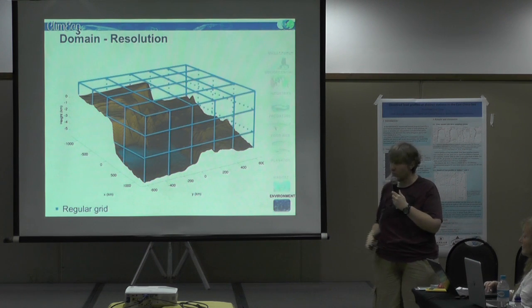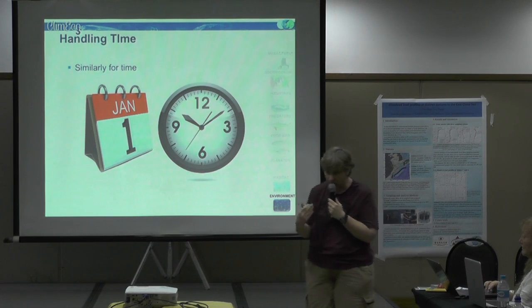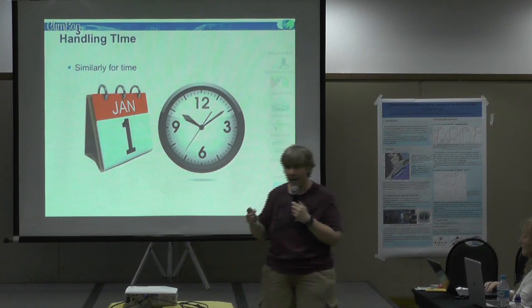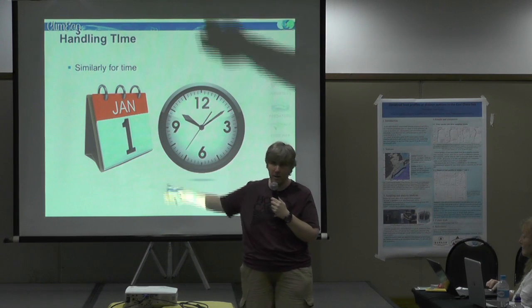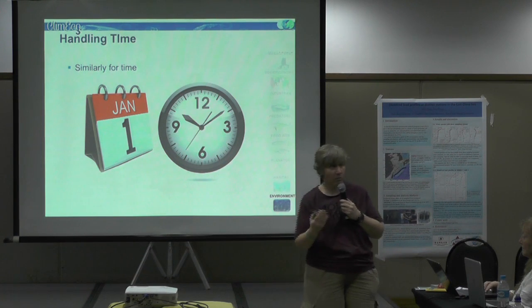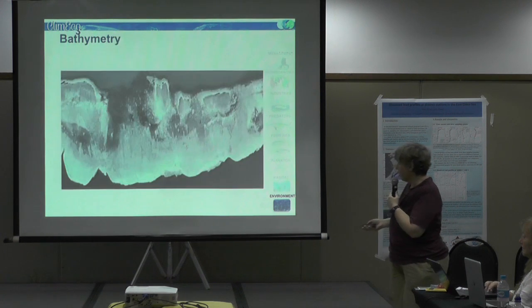So that's sort of decision making. How are you going to handle time? Are you going to handle it in a sense where you represent each one of the little processes? Are you going to do it by day, by week, by month, by year? So you have to think about what major events are coming and going. So migration, for instance, in and out of the system. How are you going to handle that?